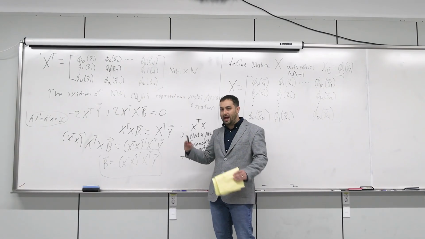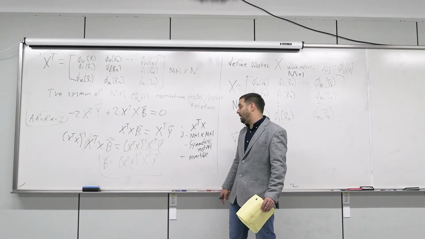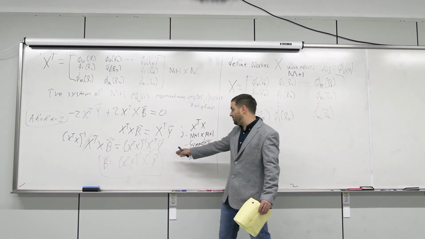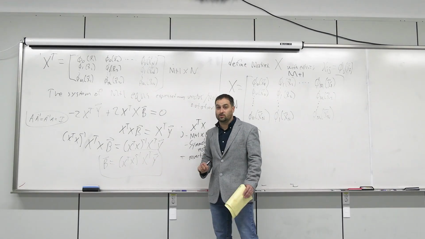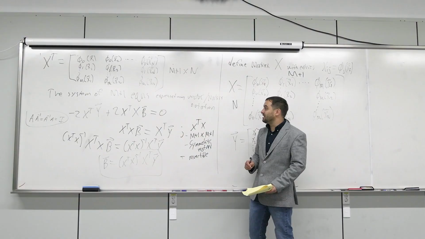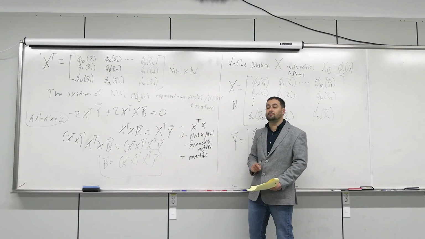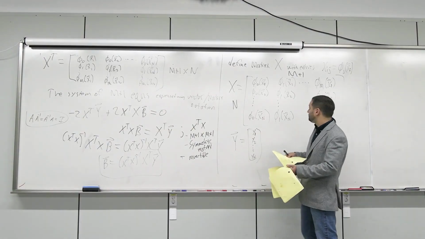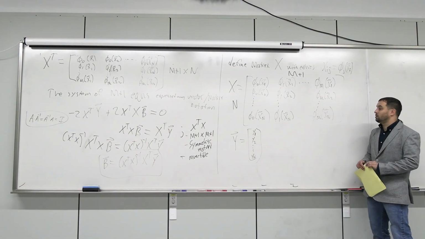Unless you had access to computers, you would have to perform these matrix inverses by hand. But still, this is a closed form analytical solution. And that's the key point of the linear least squares, or sometimes called ordinary least squares algorithm. So I'll just give you a moment to write all of this down.